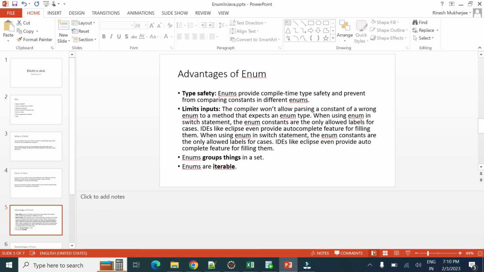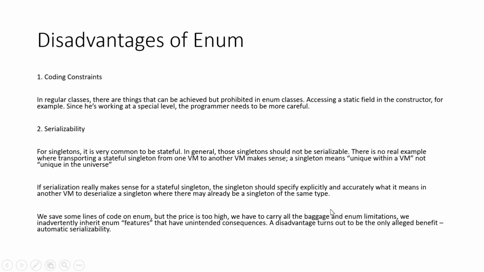And you can say the disadvantage is that, normally in regular classes there are things that can be achieved but are prohibited in an enum class, like accessing a static field in the constructor. We cannot do that in the enum. Also, in serializability, for singletons it is very common to be stateful. In general those singletons would not be serializable.